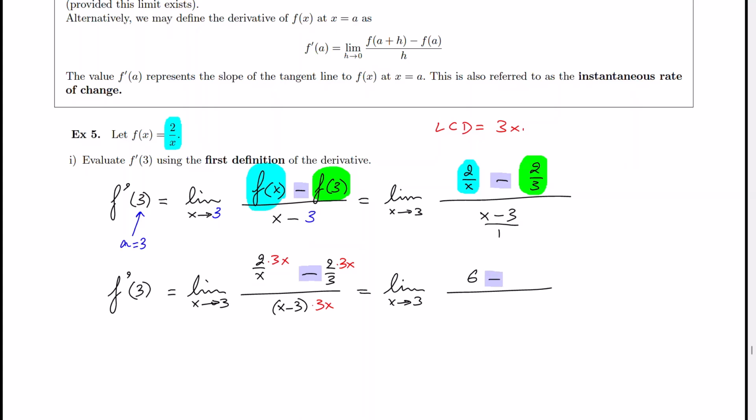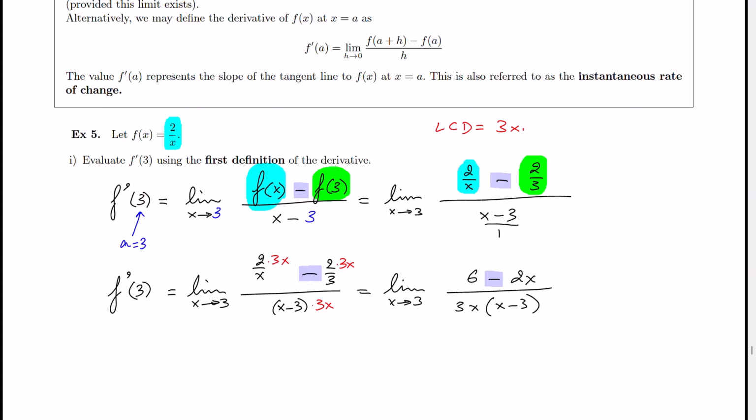Now for the second one, there's 2 times 3x divided by 3. The 3's are going to cancel out, and we just get 1's. And 2 times 1 times x divided by 1 is just simply going to be 2x. So 6 minus 2x. And down on the bottom, we just have 3x, and then x minus 3.